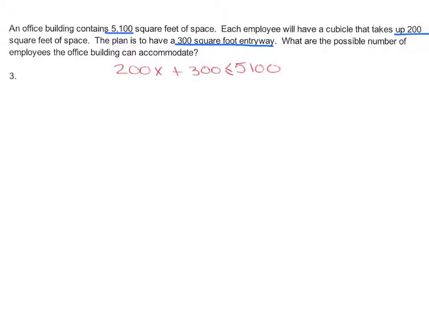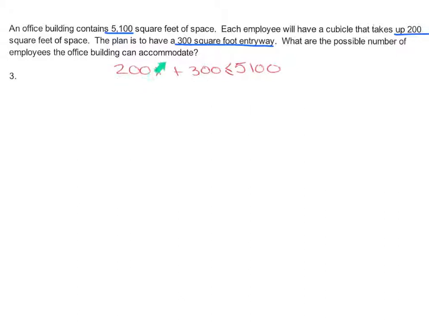So we know that we cannot go over 5,100 square feet because that is how big the office building is. So whatever we do, it has to be less than or equal to 5,100. So each cubicle takes 200 square feet.